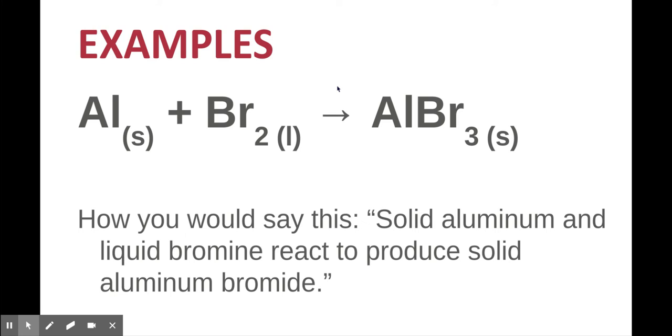So for example, if I were to see this reaction here, I wouldn't say Al subscript S plus Br subscript 2 subscript L arrow AlBr subscript 3 S. That's super clunky and awkward. What you would say is solid aluminum and liquid bromine react to produce solid aluminum bromide.